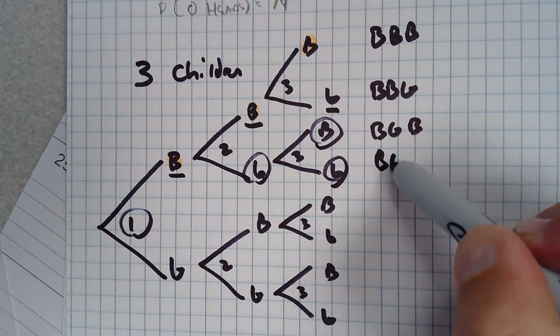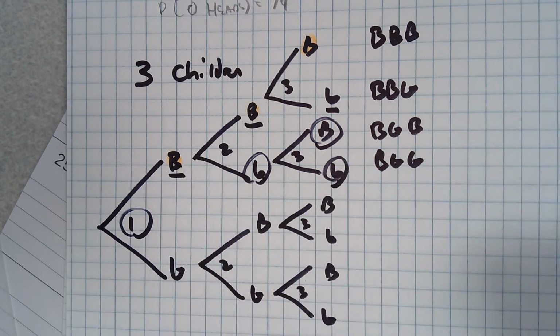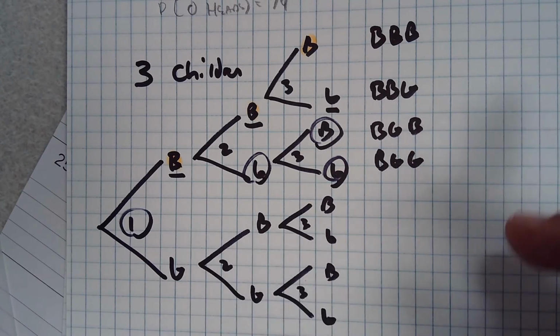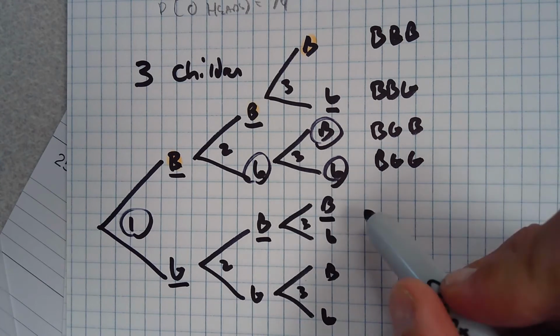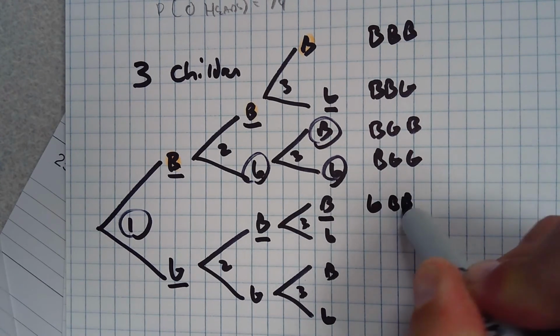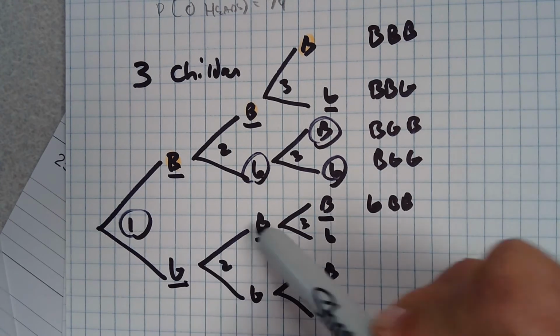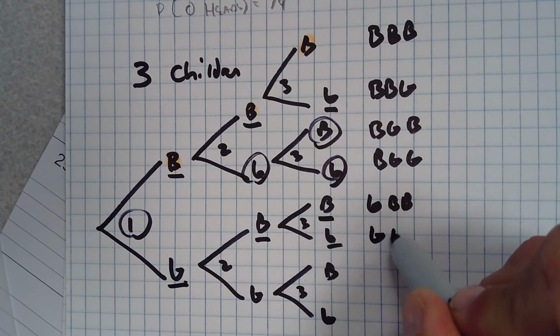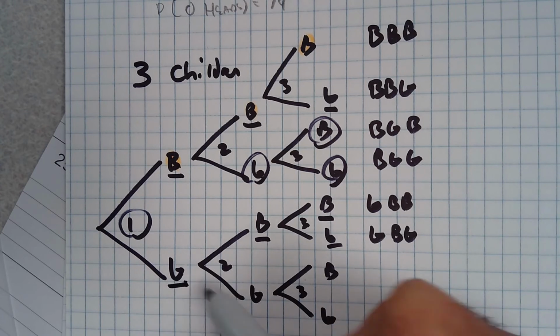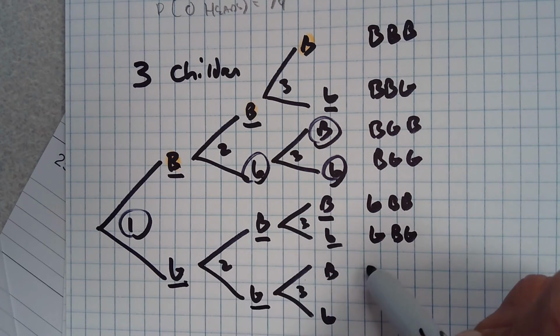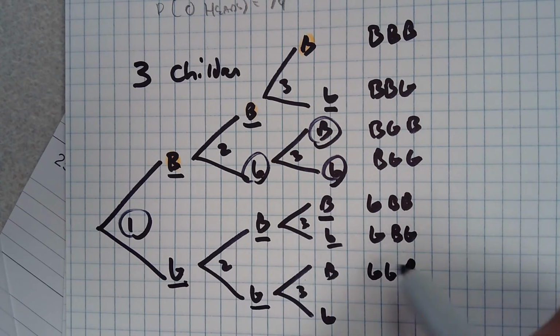So those are the 4 possibilities when you have a boy first. Now there's also going to be 4 possibilities when you have a girl first. So we're going to do girl, boy, boy. You're going to have girl, boy, girl. You're going to have girl, girl, boy, and then you finally get your son.